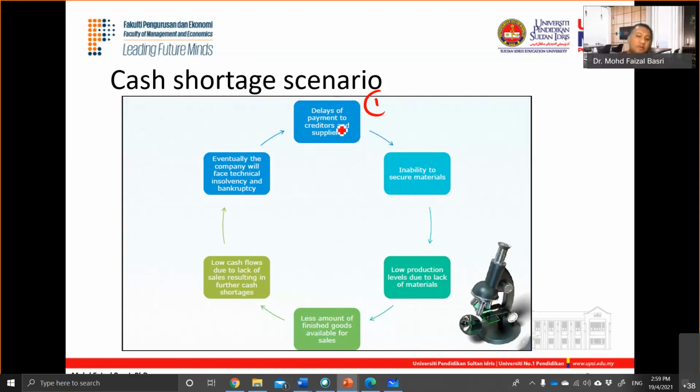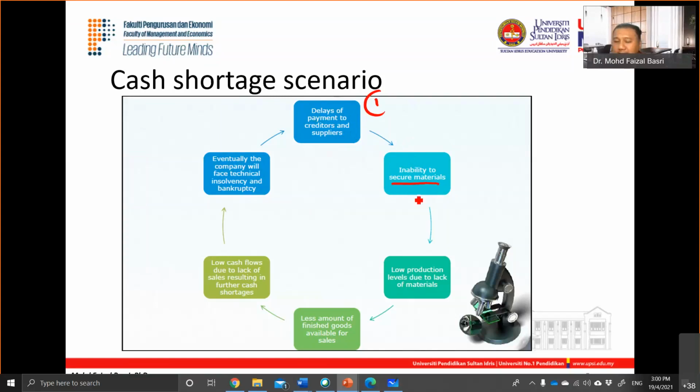More raw material too will be problematic to secure. So imagine you delay payment, it will affect your creditworthiness, and therefore your supplier will not give you credit anymore. They will not give you goods anymore, and therefore you cannot secure the materials.